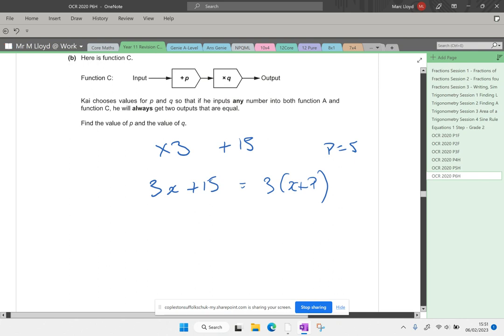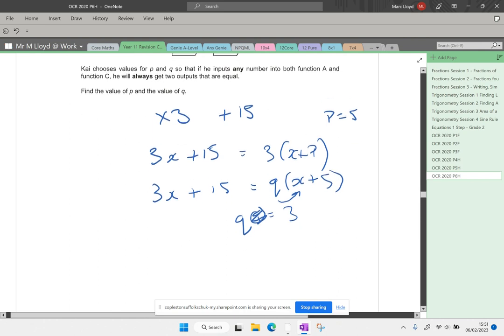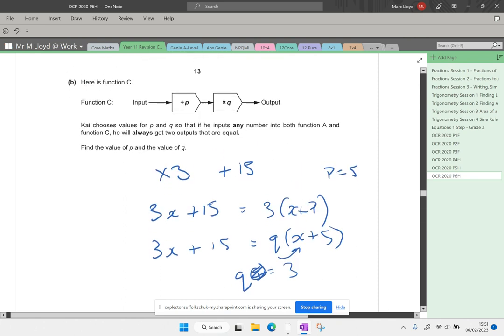And then alternatively, 3x plus 15 would equal q lots of x plus 5. So q would always have to be 3 to equate those coefficients. Oop, lowercase q. There we go. So sort of setting those to equal and then calculating one at a time, figuring out what those coefficients would be. So you'd have p as plus 5 and then times by 3, and that should give you the same output as the other one.